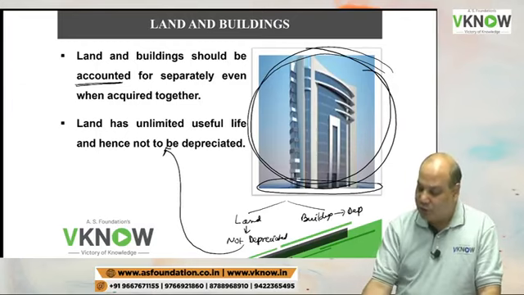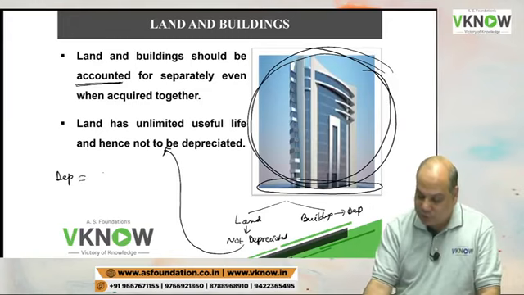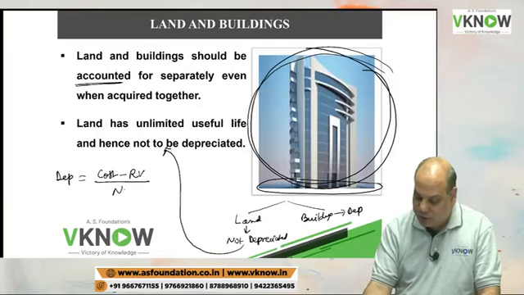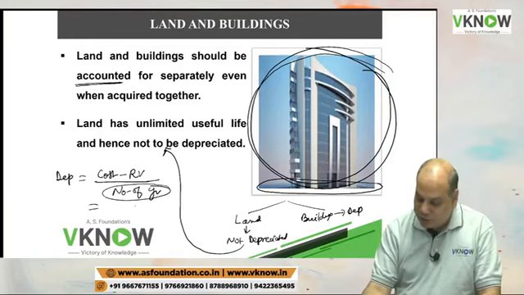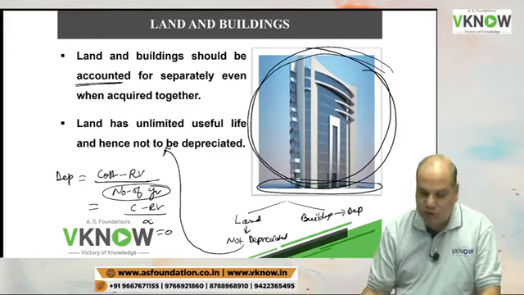So if it is unlimited useful life, the formula for depreciation will give you a zero answer. Cost minus residual value divided by n, the number of years. But if the number of years is infinite, cost minus residual value divided by infinity, the answer is zero.